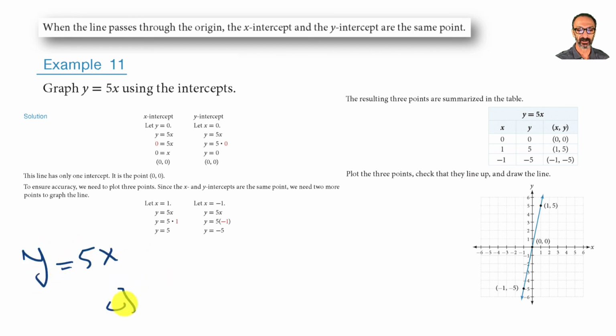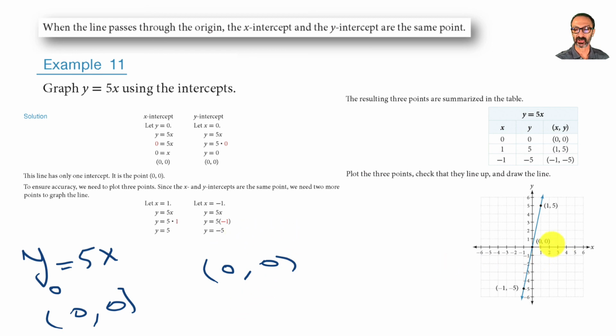If you try to find the intercepts, plug in 0 for x, you get 0 for y. Plug in 0 for y, 0 equals 5 times what? Equals 0. So both ways, it's the origin.